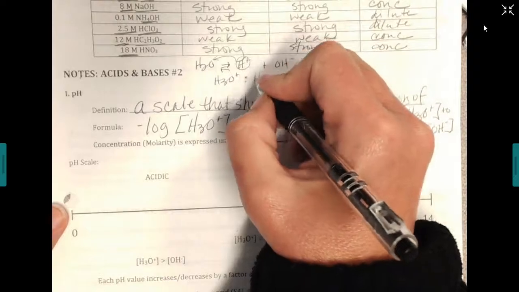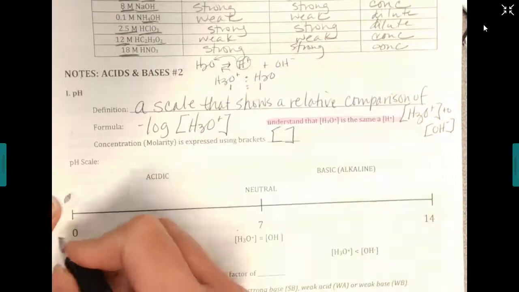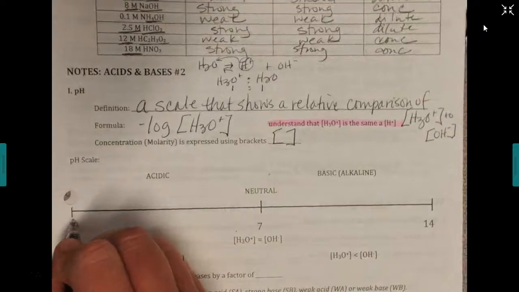So, when it happens 1 out of every 1 time, that's a pH of 0.